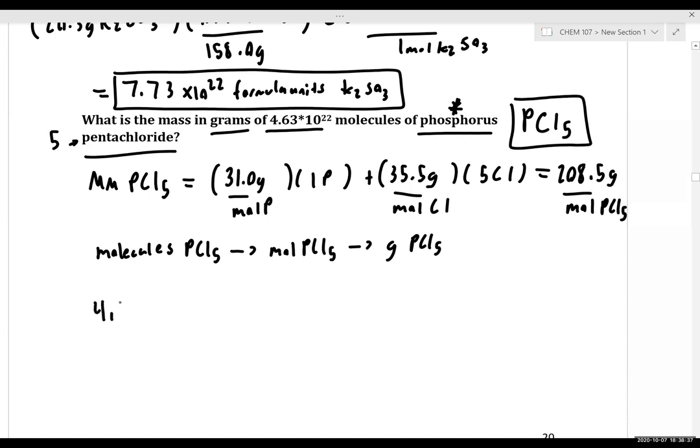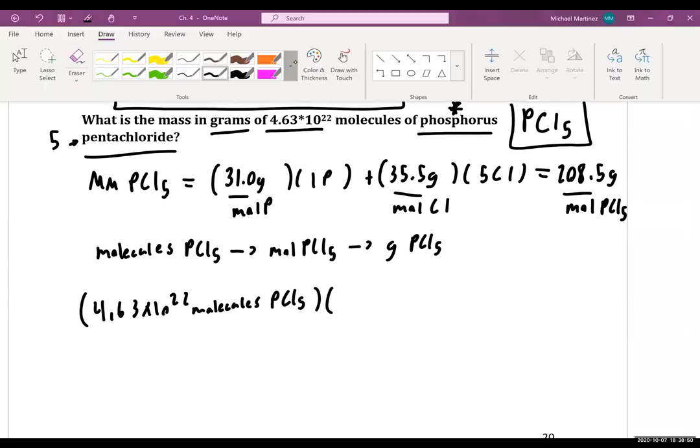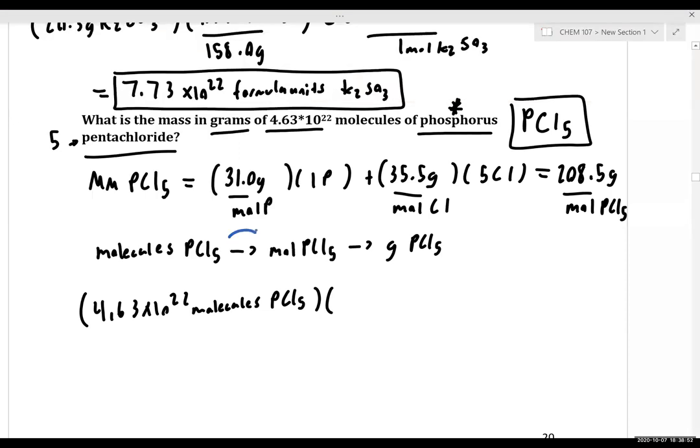So given that we have 4.63 times 10 to the 22nd molecules of phosphorus pentachloride, to go from molecules to moles, we use what conversion factor? What conversion factor gets us from molecules to moles? How do we go from molecules to moles?